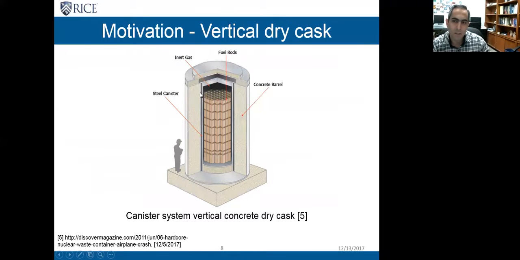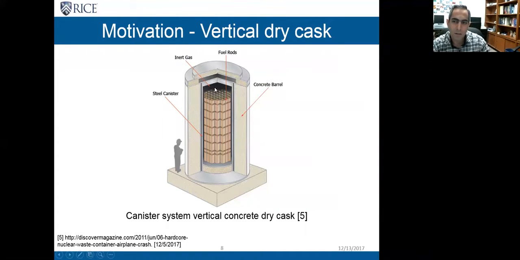It's a vertical cylinder made of reinforced concrete. It has a mold, which is called liner, and it is used basically during the construction phase and remains with the structure. The cask receives the fuel in a steel canister. The steel canister is loaded at the location of the pools, which I talked about before, and then it's sealed and transported to the location of the casks.